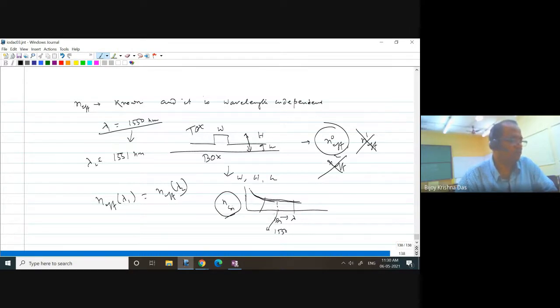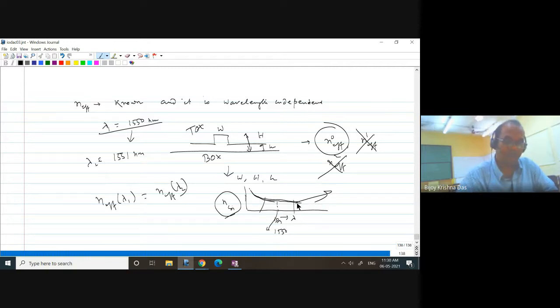Okay, so three different types of dispersion we should consider. One is material dispersion, another is waveguide dispersion. Waveguide dispersion, for a single mode or multi-mode waveguide: if you are focusing only on one mode and you change the wavelength, the effective index of the guided mode is going to change. That is called waveguide dispersion.